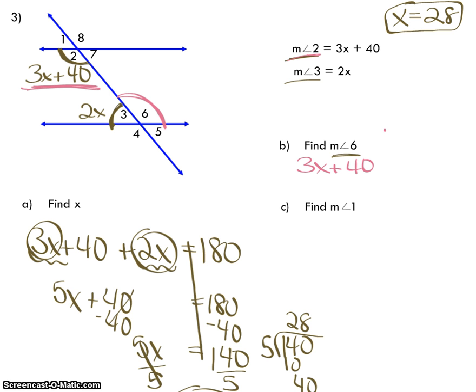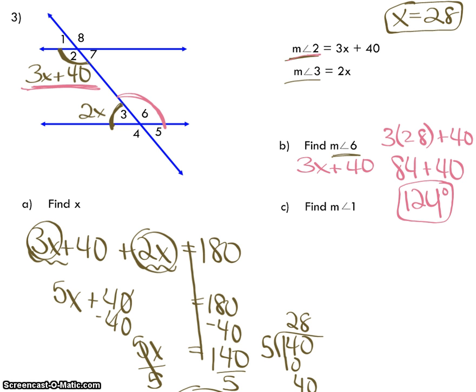So that would be 3 times 28 plus 40. That would be 84 plus 40. That would be 124 degrees. Which makes sense. We want it to be over 90 because it's one of the big angles. And then the angle 1, that's what they're asking for next.